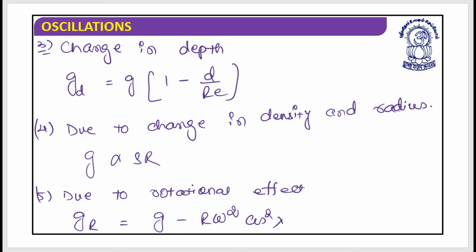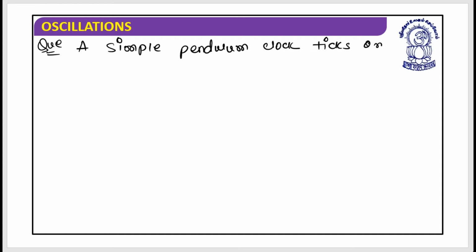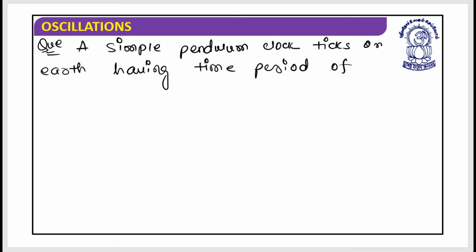Is it clear? So let's have certain questions based on this. A simple pendulum clock ticks on Earth having a time period of T seconds.